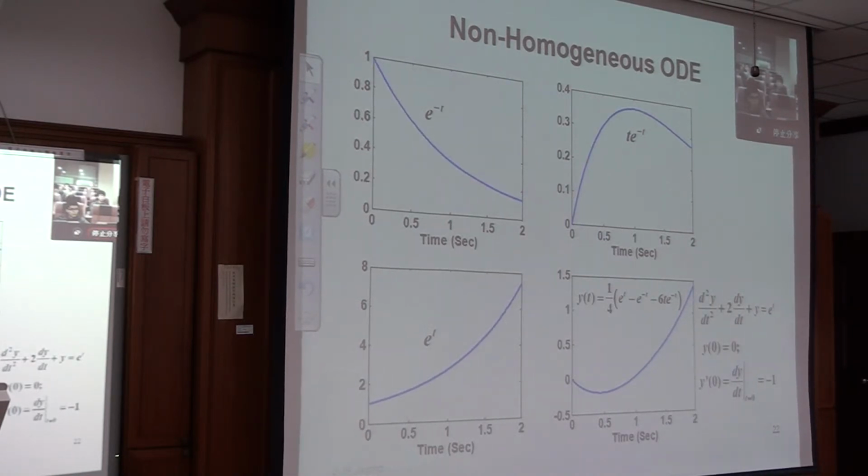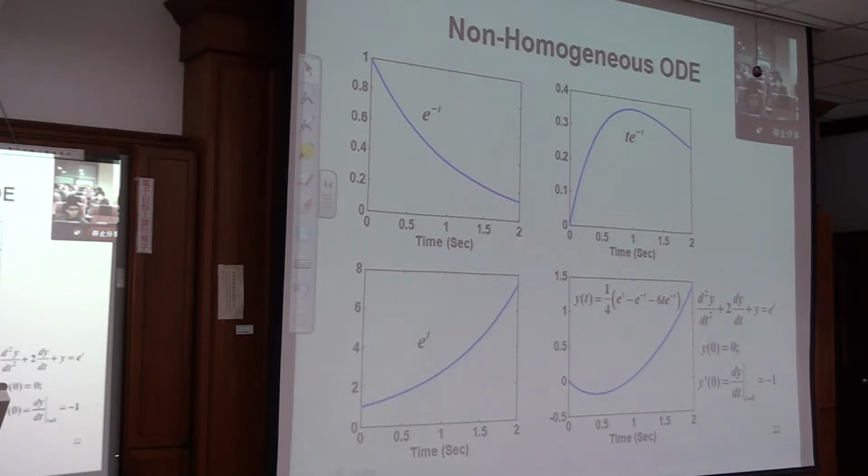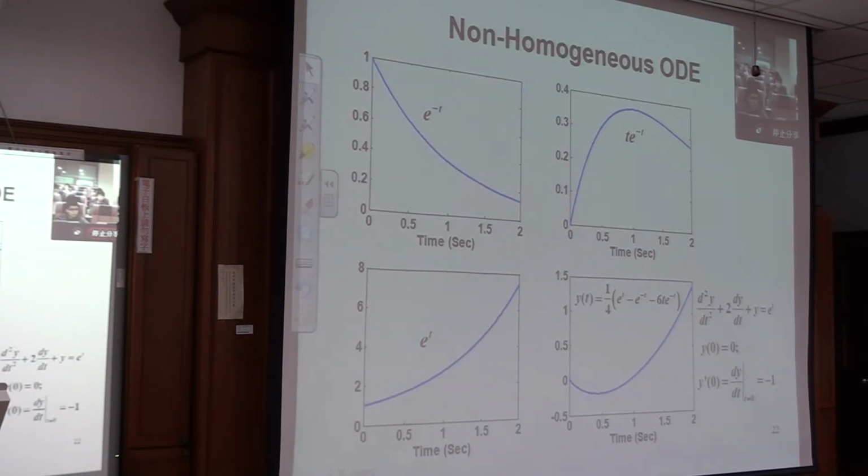Plots of the 3 parts, and then if we have initial conditions, in the same way we would do for the homogeneous equation, we can solve for the coefficients. And the coefficients are 1/4, -1/4, and 3, -3/2.